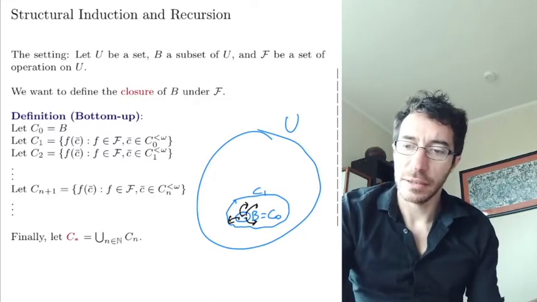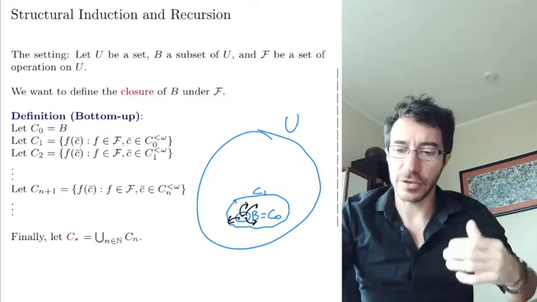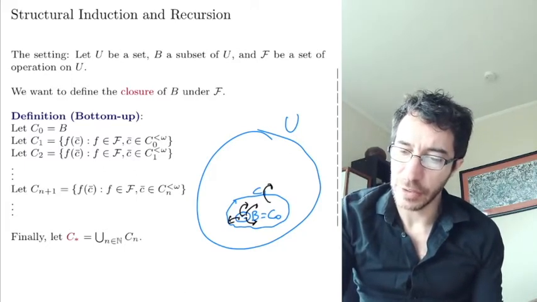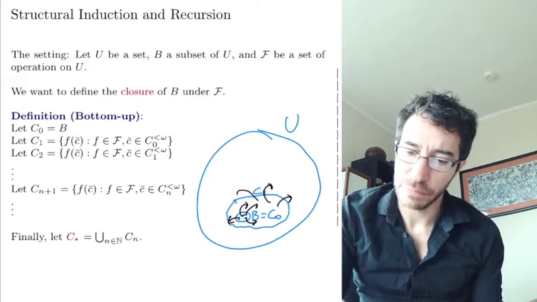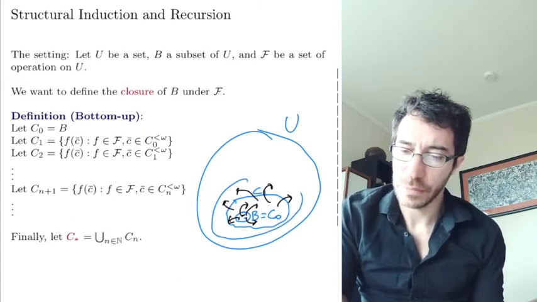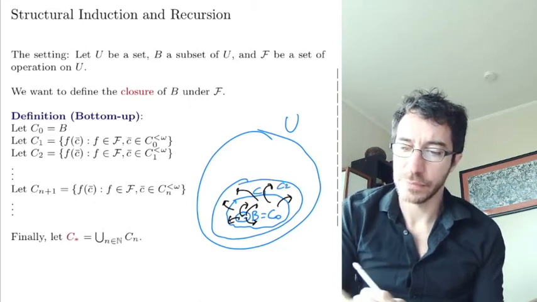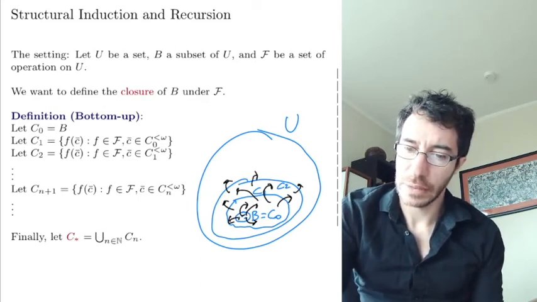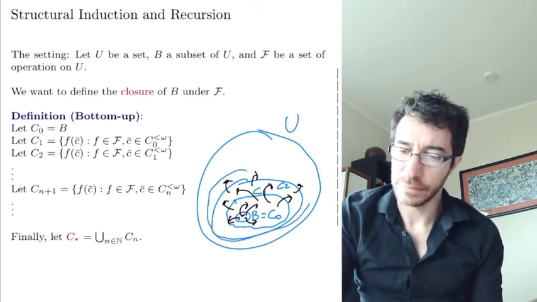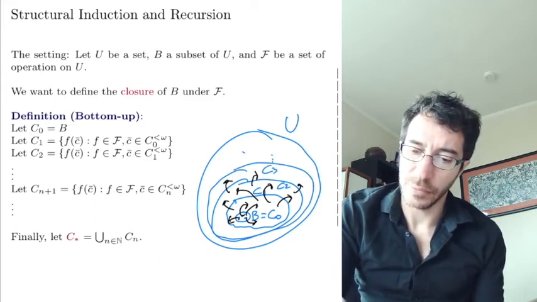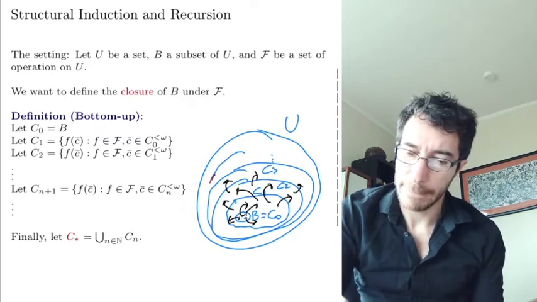Then we apply the functions again to the things that we have in the new set, and we are going to find new elements, and that's going to be our C2. Then we apply the functions again, and that's going to be our C3, and we keep on repeating this.